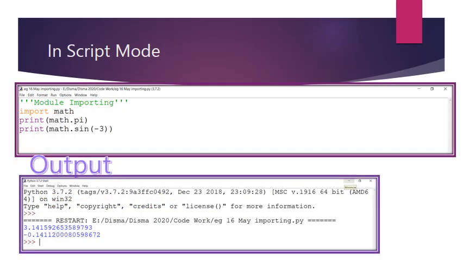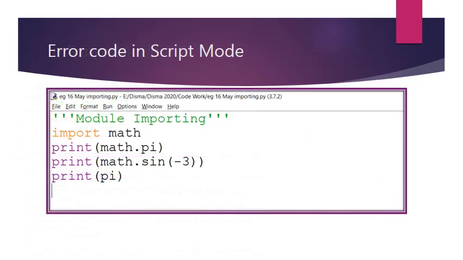Now you can see the previous code is written in script mode. If you do not write the print command, you will not be able to see the output. So in script mode, you must write a print statement. Within brackets, you can call math.pi and math.sin(-3) so that you can see the output as given below. Now, there is an error in this particular code.